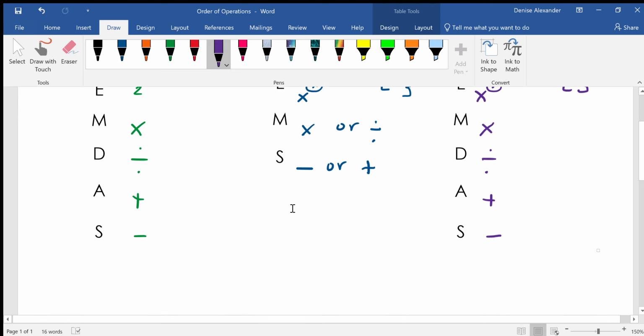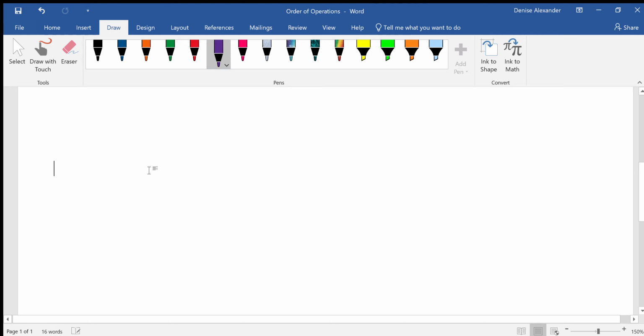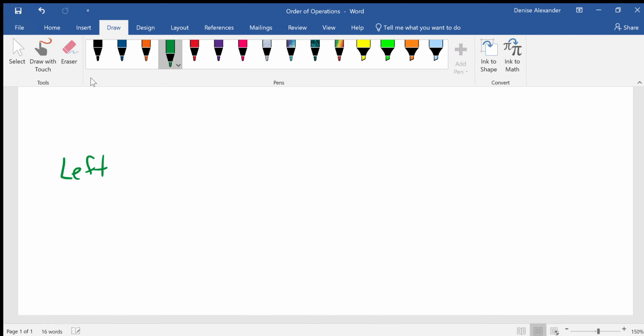Now I'm going to scroll down here, you guys, and this is how it works. We always start at the left and work our way right. It's just like reading a book, okay? So let's take a problem.